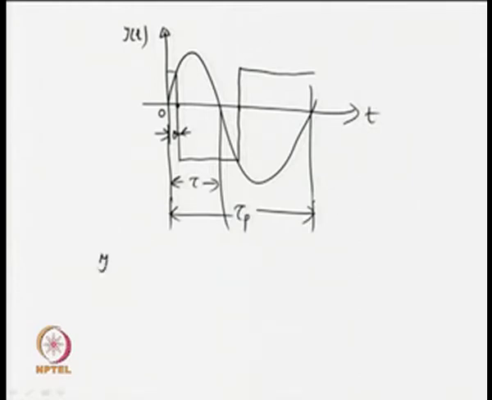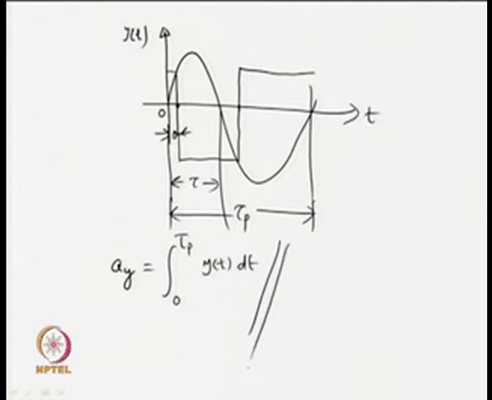Now, I have to write the expression: integral from 0 to tau p of y(t) dt. Sorry, this is not the output, this is the area of the output. So, I write Ay is equal to integral from 0 to tau p of y(t) dt. Now, how to find y(t) for different time segments, because we have got different types of inputs, a number of piecewise constant inputs to the system.